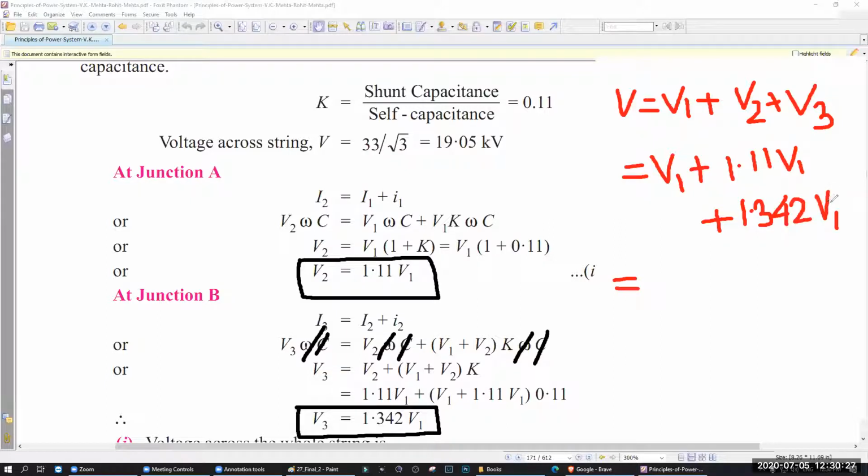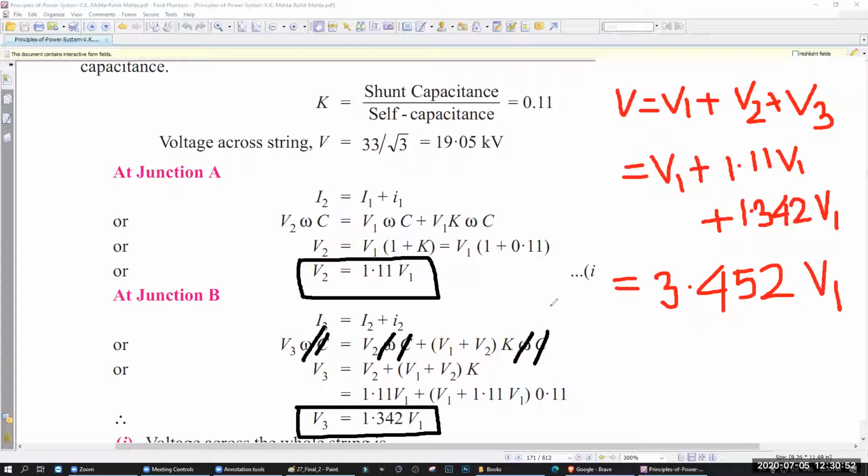So if I add all of those, what is the result? 1 plus 1.11 plus 1.342 is 3.452 V1, right? Now this is V1.